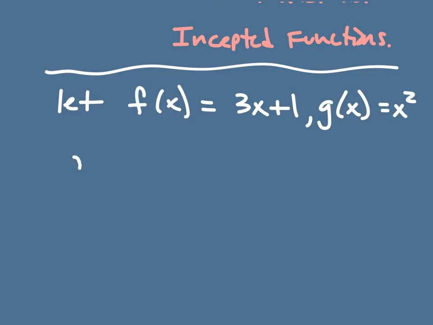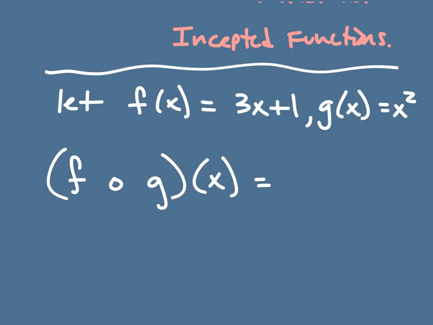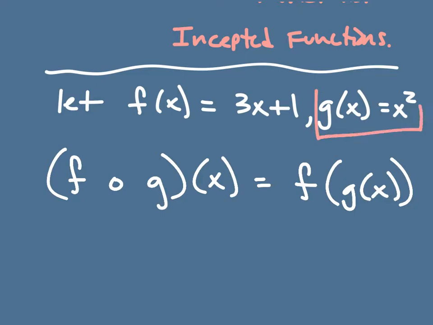You'll see this thing called f o g of x. And what this means is that I have f of g of x, meaning that I'm going to take my function g and substitute it into x of my other equation.